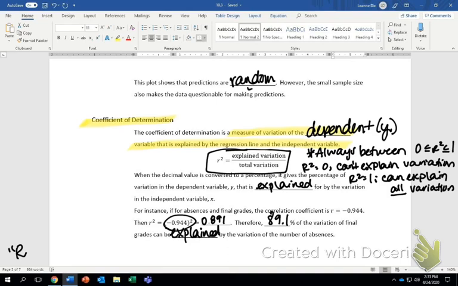And so your final statement when doing the coefficient of determination, if you have your x and y variables, which is your independent and dependent, should follow this format.